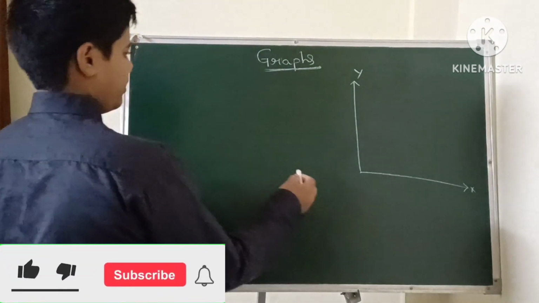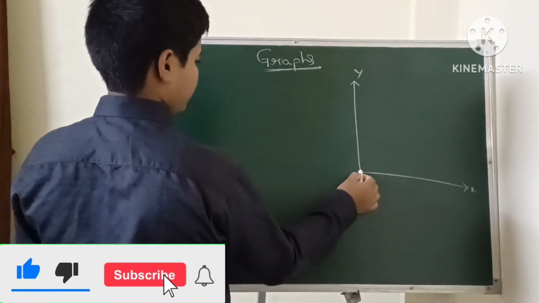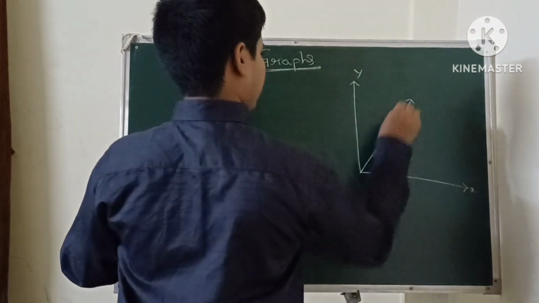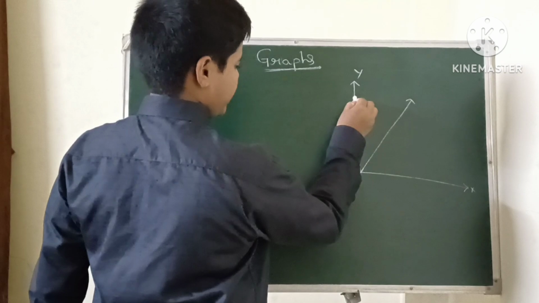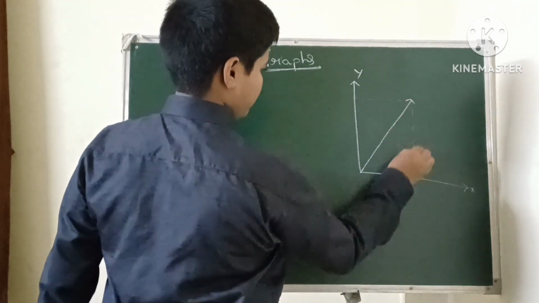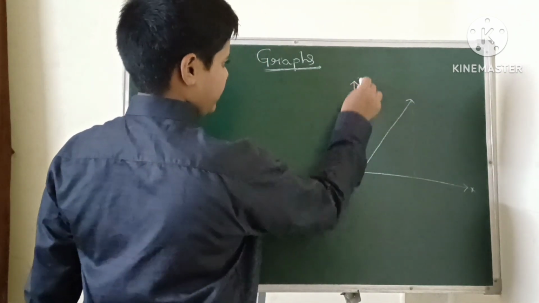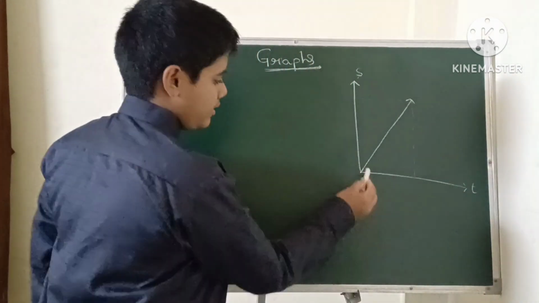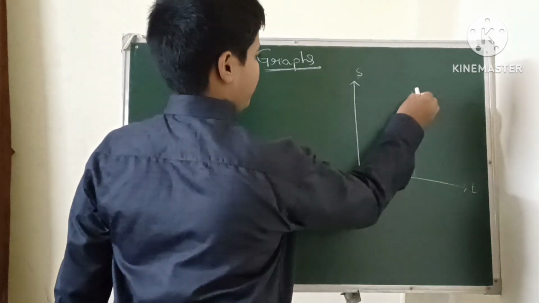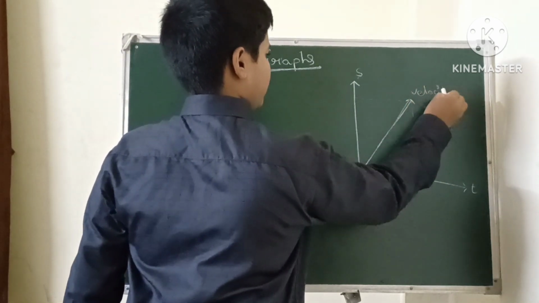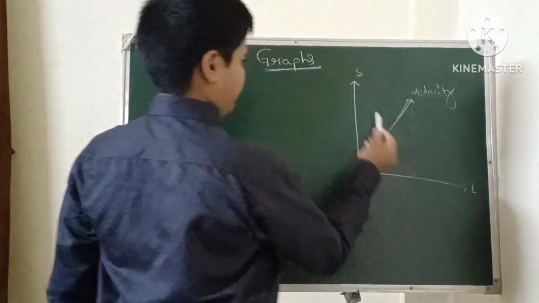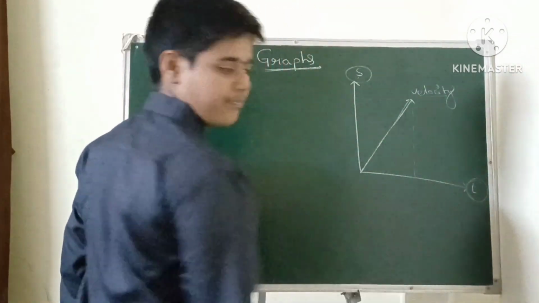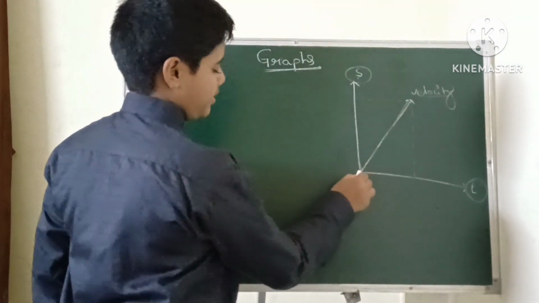Okay. So in this, first one, if I draw like this, it represents the, so if I take this y-axis as distance and x-axis as time, this slope, I will explain what is slope.